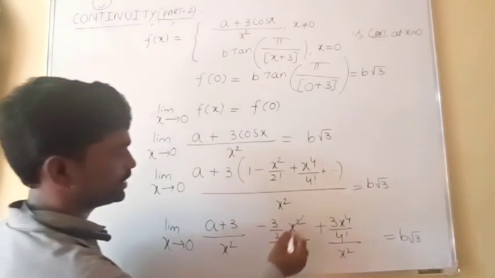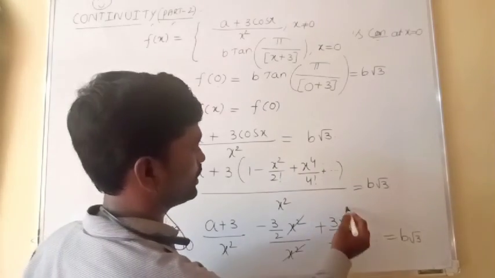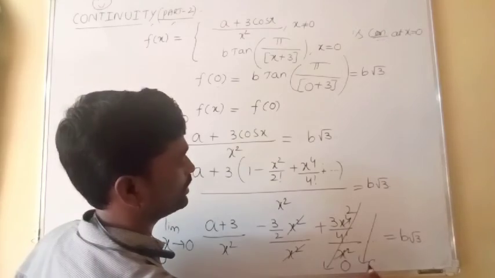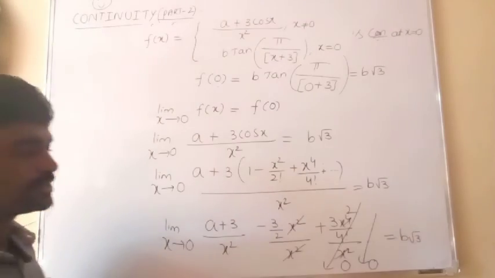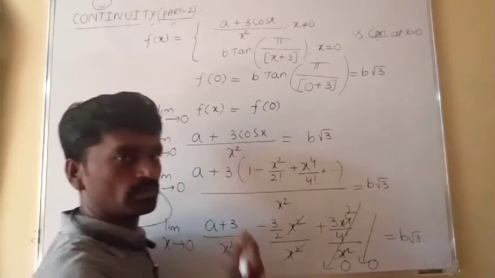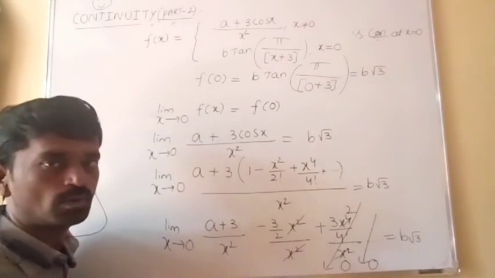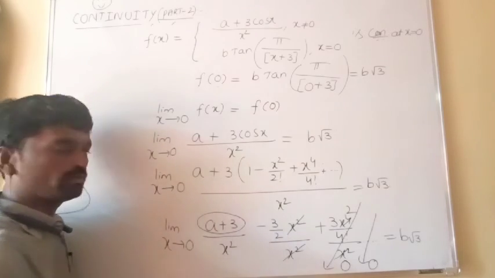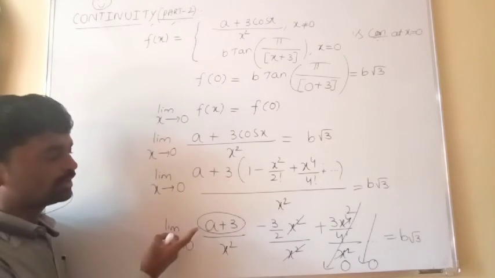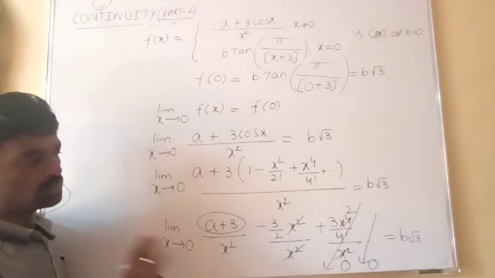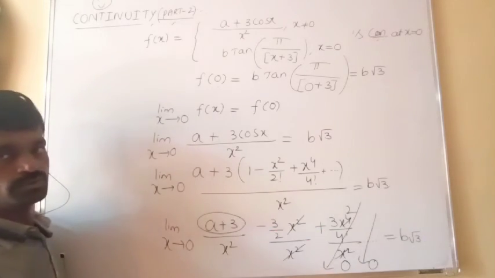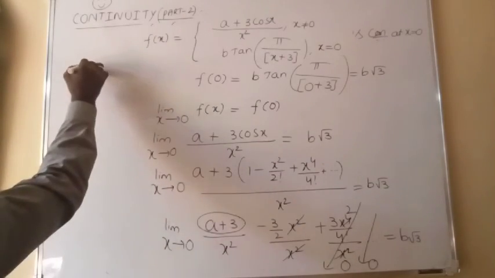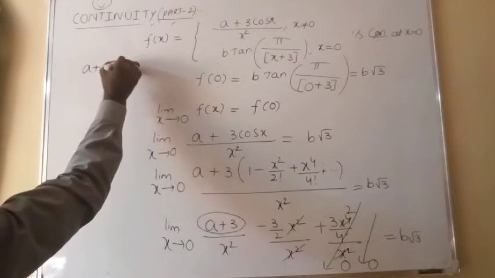Here x square gets cancelled. As x tends to 0, these remaining terms tend to 0, so they are not useful for us. Now come to this point. If a plus 3 is not equal to 0, then we get non-zero by 0, infinity, which is not possible because it is equal to some finite quantity b root 3. That means a plus 3 must be equal to 0.